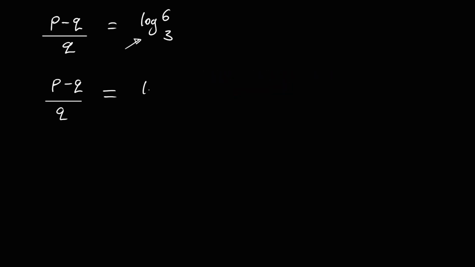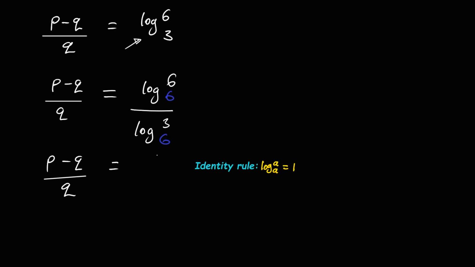That is to say log of 6 base 6 divided by log of 3 base 6, which is the same as p minus q divided by q equals, from the identity rule, log of 6 base 6 is the same as 1, so this becomes 1 divided by log of 3 base 6.